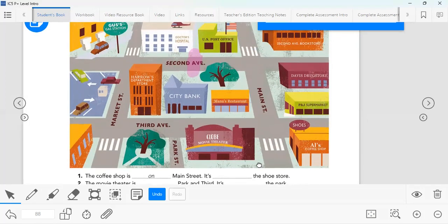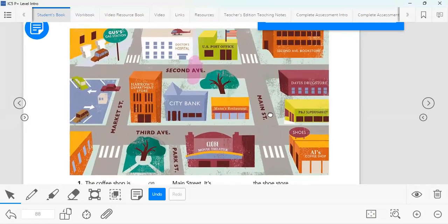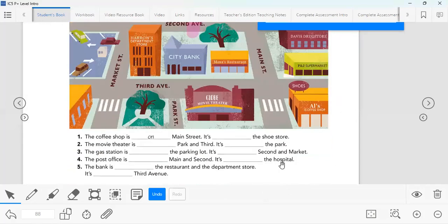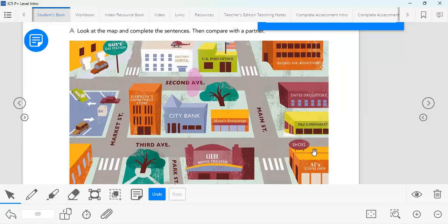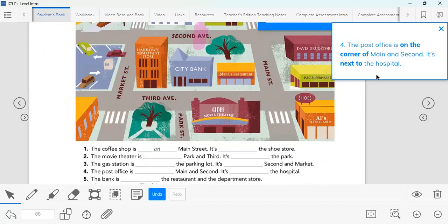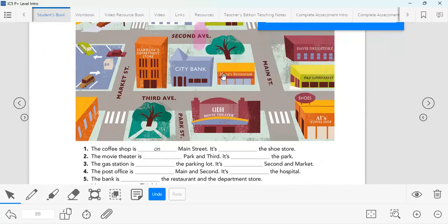Okay. Next to the doctor, next to the hospital. Okay, could be next to the hospital. Let's see. The post office is on the corner of Main and 2nd, and it's next to the hospital. You see? 2 options, correct, Miss? Yes. Okay.